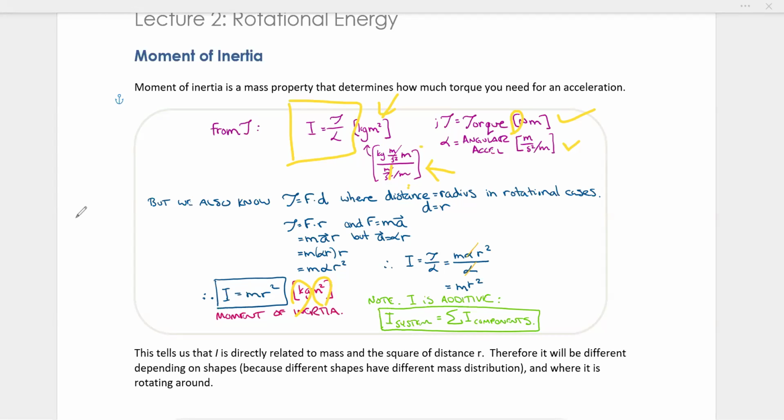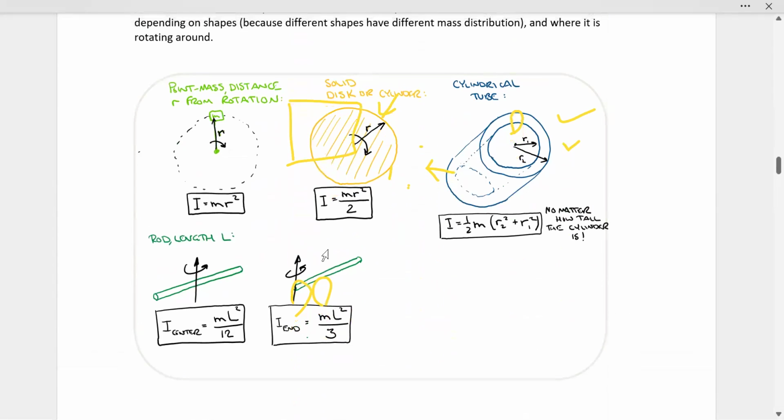Now, what the number is for the moment of inertia is different for everything. It depends on the shape of the object. So here we go. If it's a point mass rotating, it should be pretty easy to get this rotating, right?